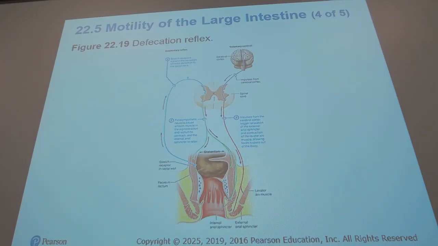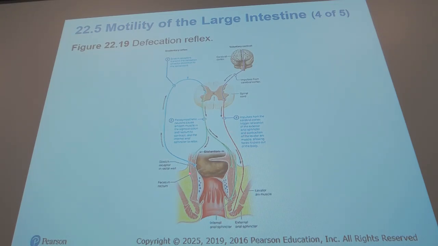And then for the defecation reflex, as you accumulate undigested food, feces here in the rectum expands. That leads to the release of action potentials by these sacral nerves that initially have a short reflex. So these are parasympathetic nerves. And then this short reflex is going to lead to efferent signals from these nerves, part of the parasympathetic system, to contract the wall of the anus and the rectum.